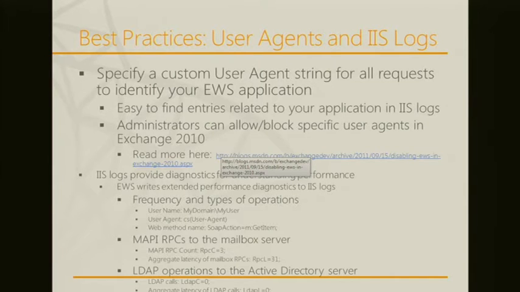So we recommend using the custom agent string as part of your application, so that once you specify this agent string, we are able to track you down in the logs. If you run into an issue and say this is a problem, we can go back to the log and correlate all those log entries against your user agent, whatever string you have provided. That way we can correlate and pinpoint the client app.